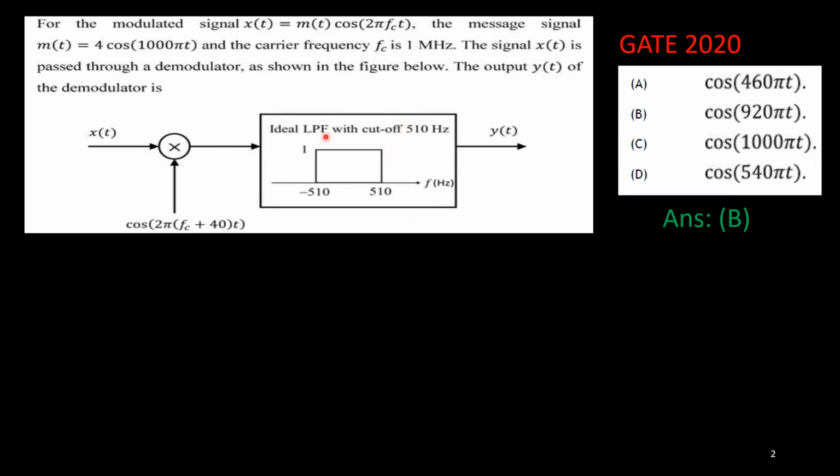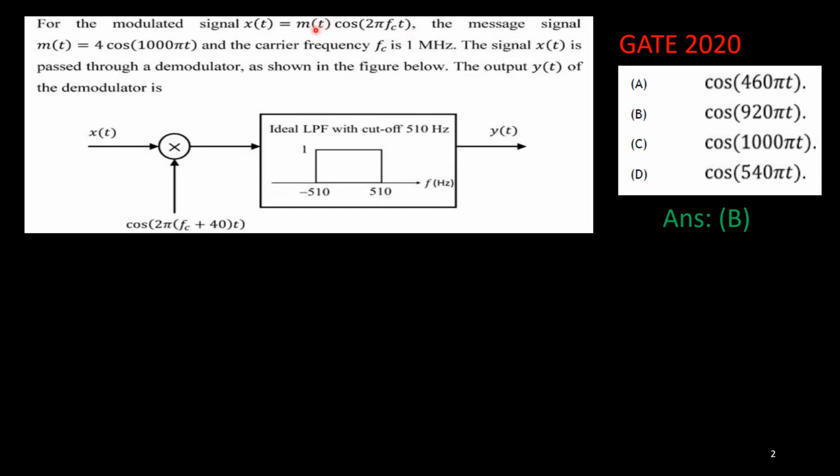Okay, and here xt is a modulated signal. Xt is mt times cos 2 pi fct. So mt is the modulating signal and cos 2 pi fct is a carrier signal.